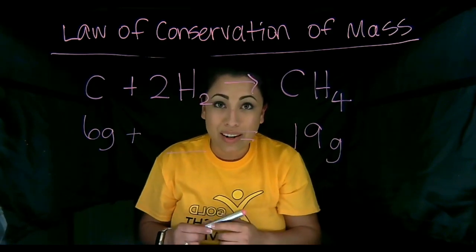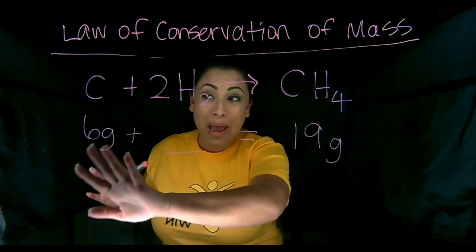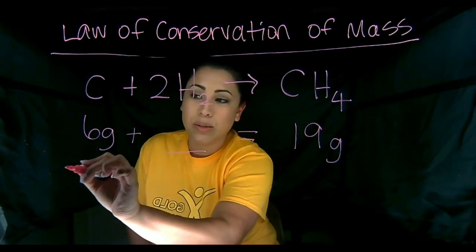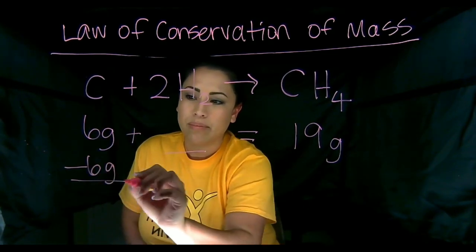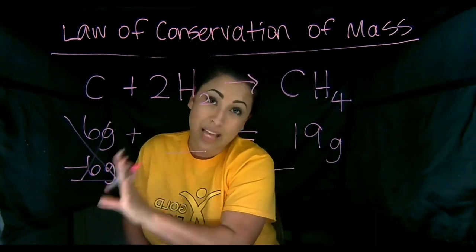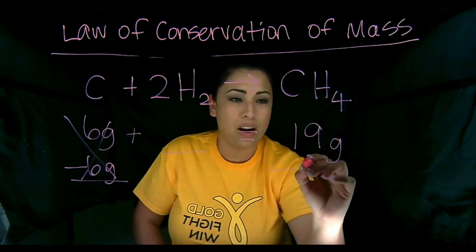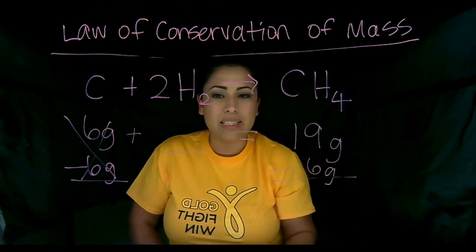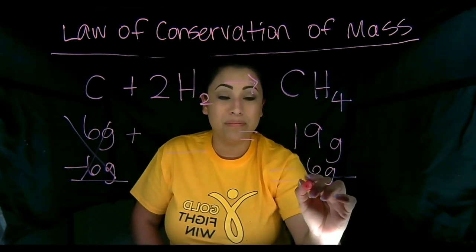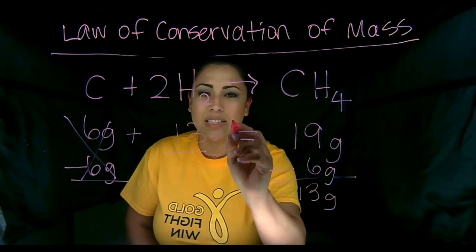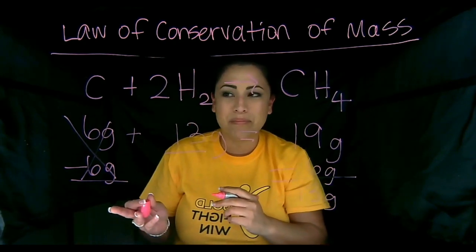If I'm adding 6 on this side, to get rid of it, I'm just going to subtract 6 grams. Then that will cancel that out. That will equal 0. But whatever I do to that side, I have to do to the other side because we are equal on both sides. So 19 minus 6, what's our missing number? 13 grams is our missing number.